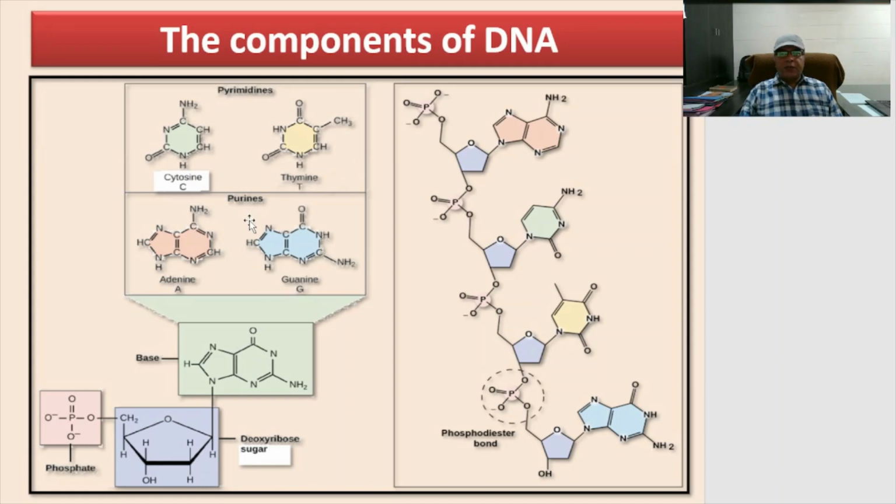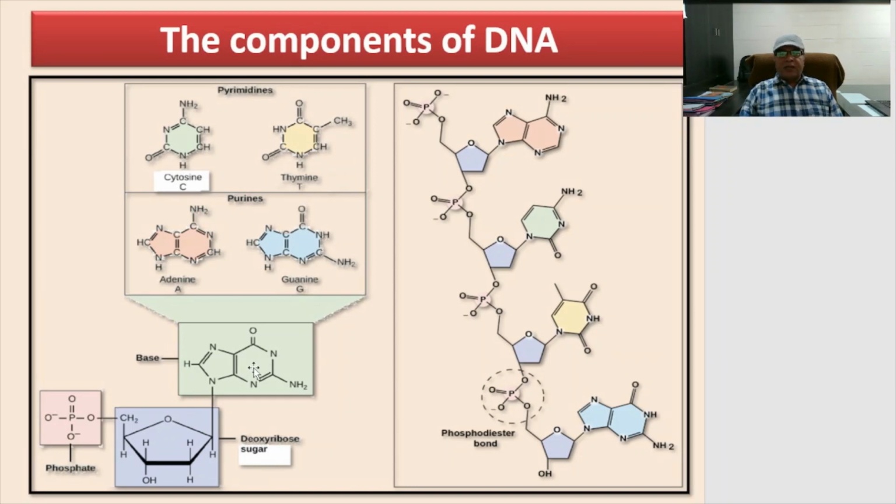One is the purine, a double ring structure, and the other is the pyrimidine, a single ring structure. Purines include adenine and guanine, and pyrimidines include cytosine and thymine. In DNA, A stands for adenine, G stands for guanine, C stands for cytosine, and T stands for thymine.